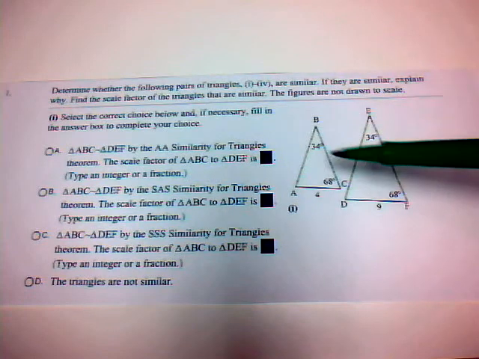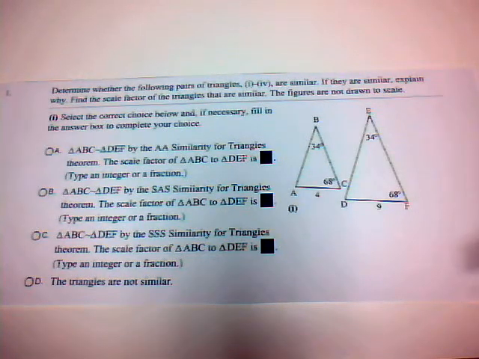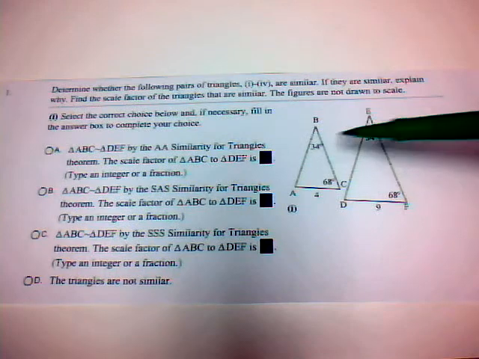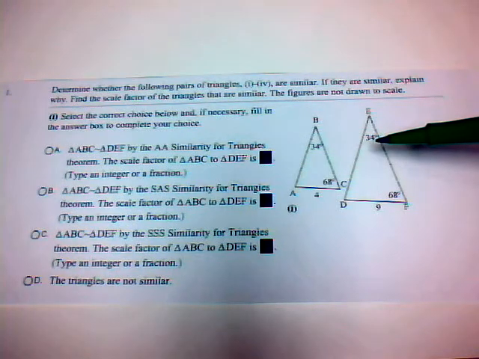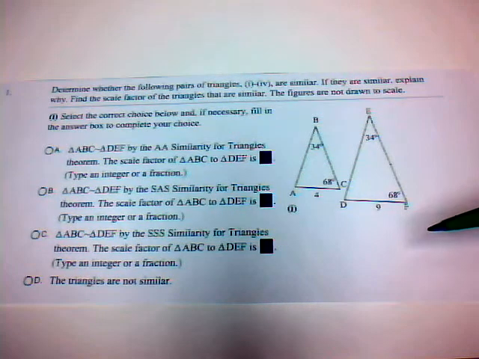So here we got two triangles, ABC and DEF. We want to find out if they're similar triangles. In this case, they are, because if you look at angle B and angle E, they're congruent, and also angle C and angle F have the same angle measures, they're congruent.